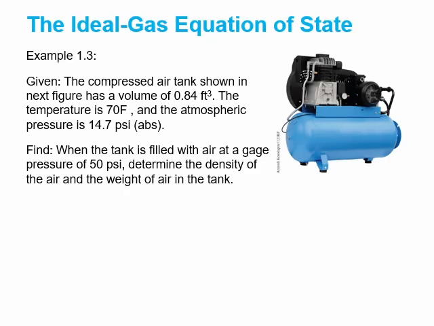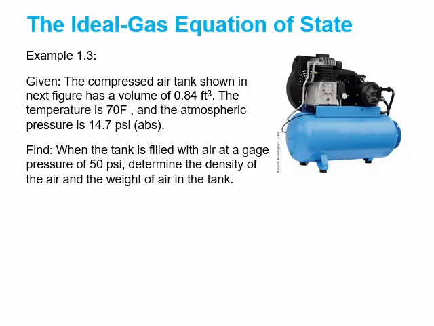Here is a typical problem we solve using the ideal gas equation of state. The compressed air tank has volume 0.84 cubic feet, temperature 70 degrees Fahrenheit, atmospheric pressure is 14.7 psi, and this is the absolute pressure.